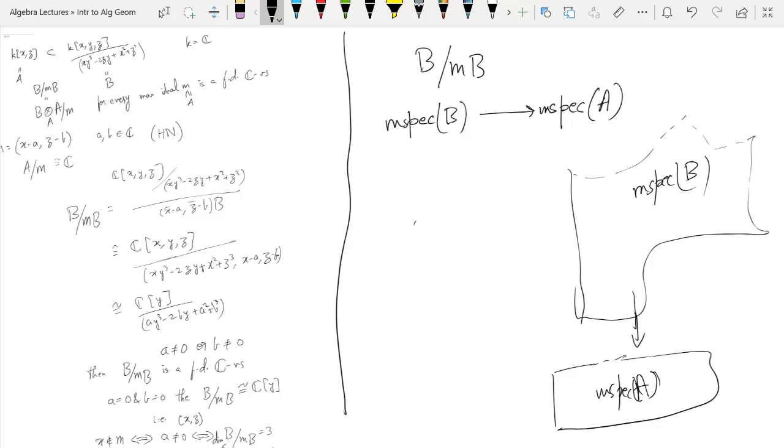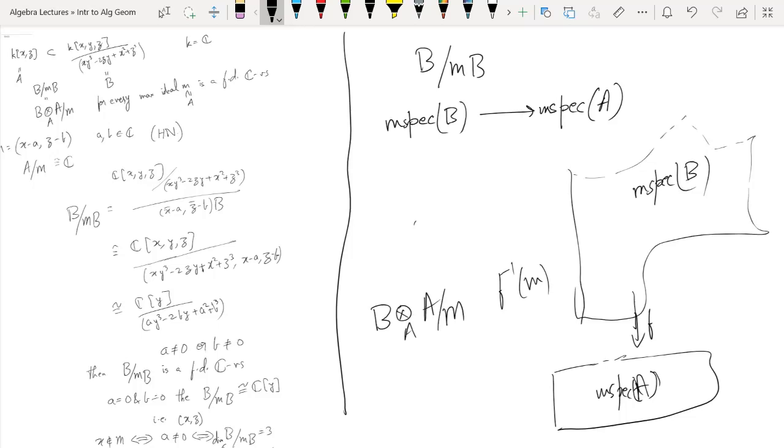Okay, and what does B tensor A mod M do? Let's call this map F. In some sense, it looks at F inverse of M. M is some maximal ideal in M spec A, so it's the point below.